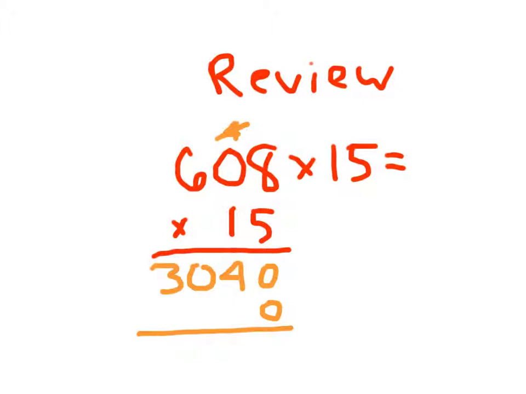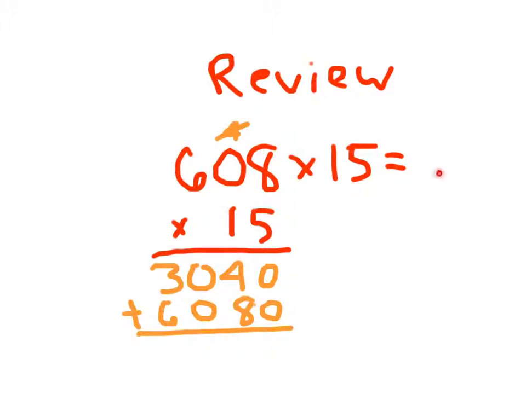1 times 8 is 8. 1 times 0 is 0. Even though that's just a 0, you still have to do that, even if there aren't any regroups. Remember that. And 1 times 6 is 6. What do I do with those two numbers? Right, I add them. What's the answer to an addition problem called? It's called the sum.